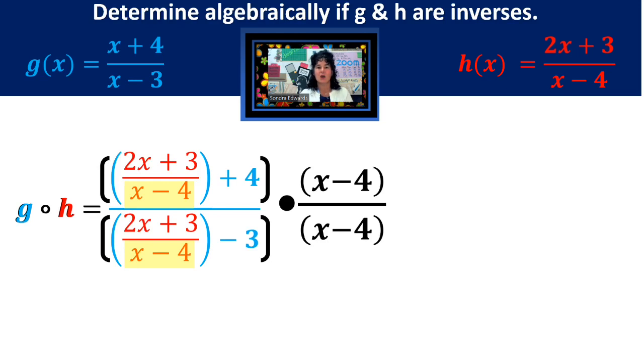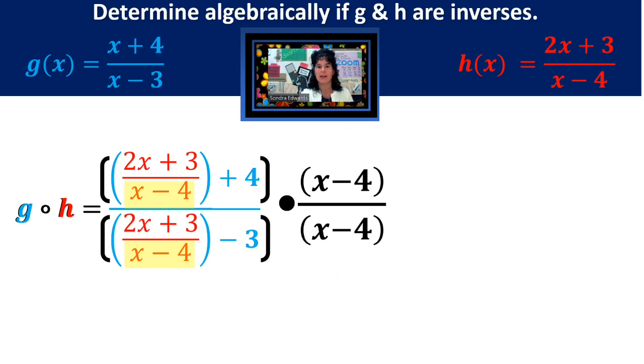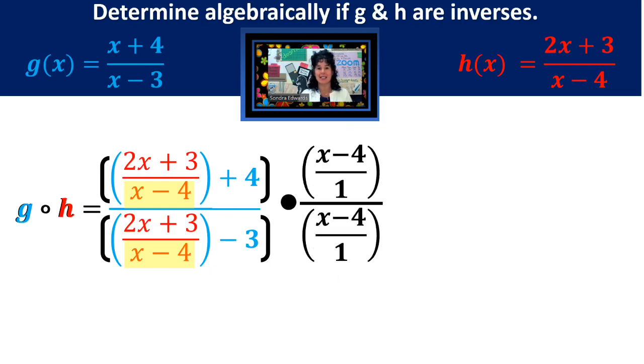Okay, so I'm going to multiply by distributing that x minus 4 through the numerator and through the denominator. But before I distribute, I'm going to go ahead and rewrite x minus 4 as x minus 4 over 1. It's just going to help you see this. So I'm rewriting the x minus 4s as x minus 4 over 1. And now I'm going to work on taking care of just the numerator.